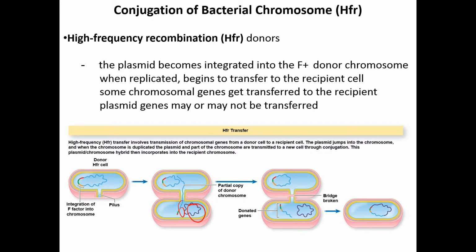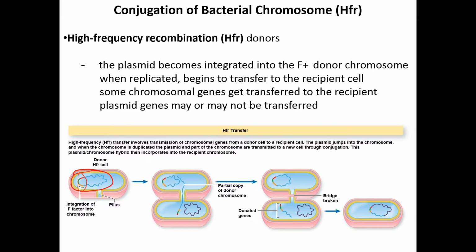Starting off, you have your bacterial nuclear DNA, as well as your F plasmid. Your F plasmid is actually incorporated into the nuclear DNA of the bacterial cell. That begins to replicate and is transferred to your recipient cell.